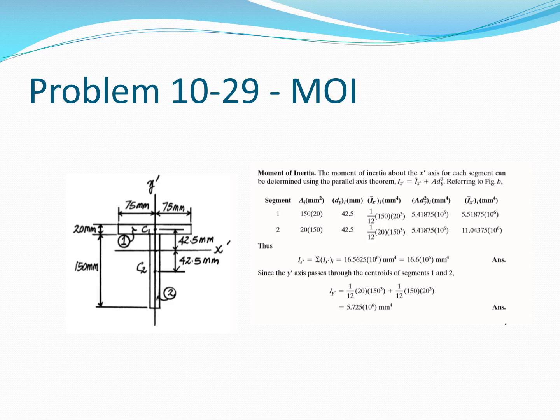That y-bar axis bisects both of them. So all we need to do is find it for each piece and add them together, just what they've done there. You can see the math for that one, and there you go. So those are the two types of problems that I expect you'll be able to do from Chapter 10: integration, and building your table for composite bodies of known shapes.